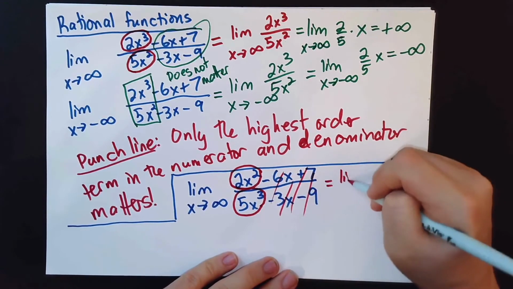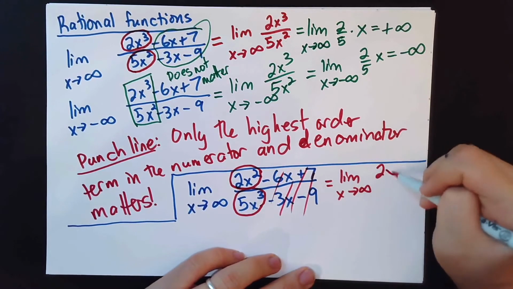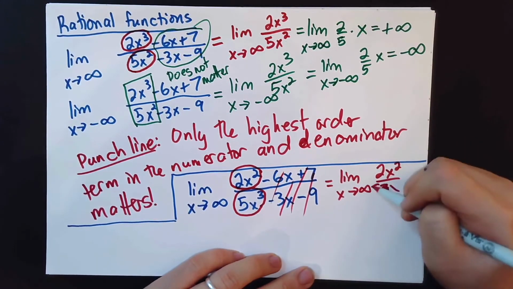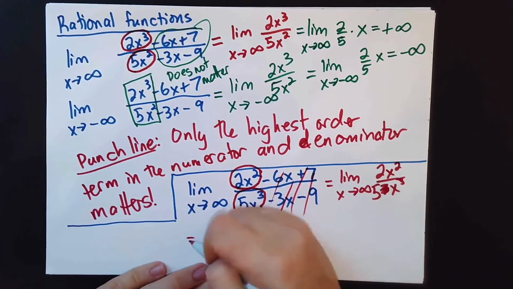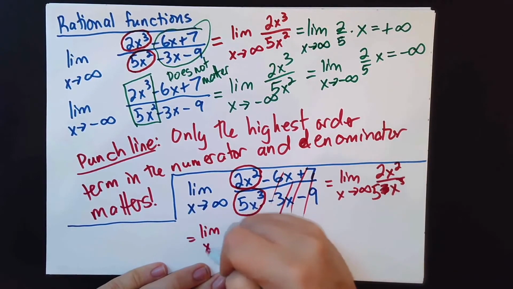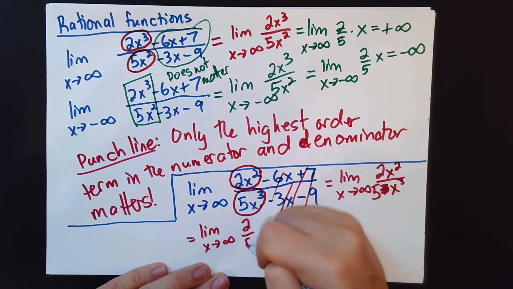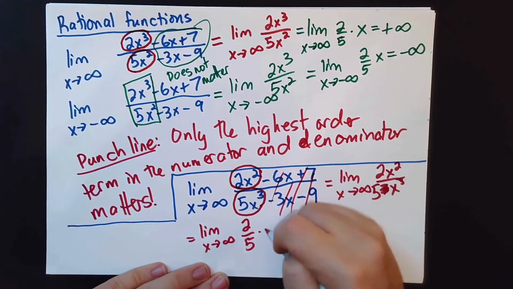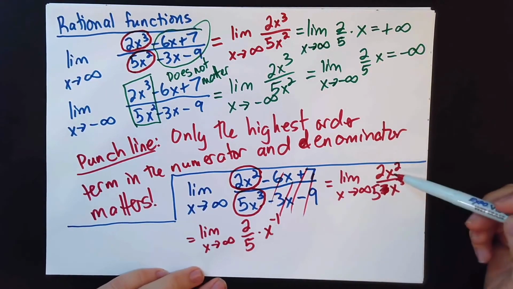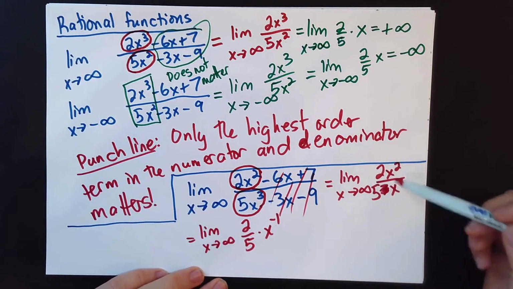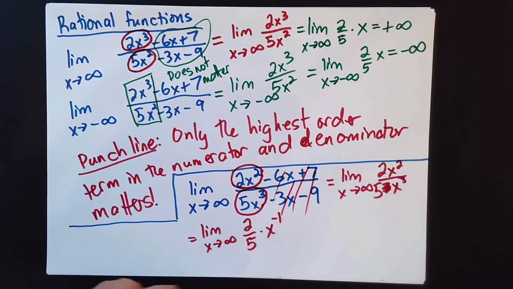And so this is the limit as x goes to infinity of 2x squared divided by 5x cubed, which is the limit as x goes to infinity of now 2/5 times x to the minus 1. Minus 1, because I now have an x to the 2 divided by an x cubed, so it's an x to the 2 minus 3, which is minus 1.